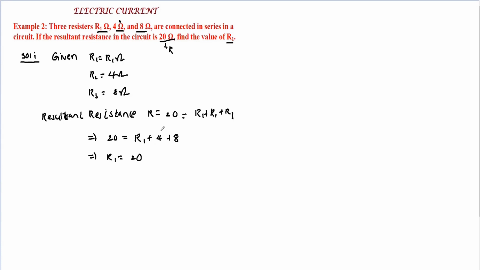We are transposing these two values to the left side. So R1 equals 20 minus 8 plus 4, 12. So R1 equals 20 minus 12, 8 ohm. This is the remaining resistance value. R1 equals 8 ohm.